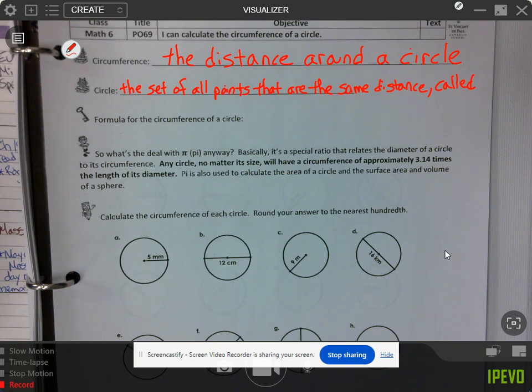called the radius from the center, from a fixed point called the center.